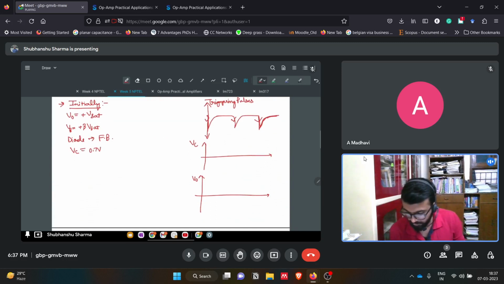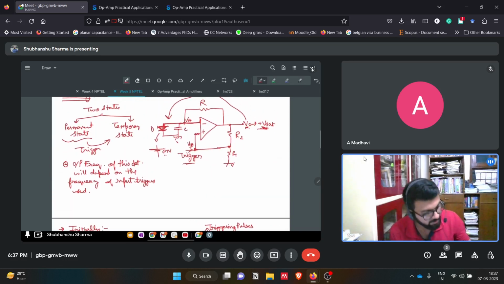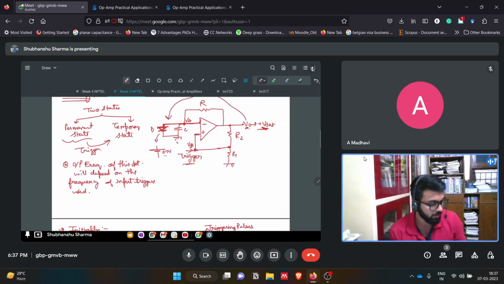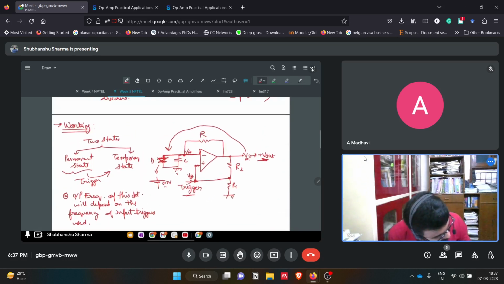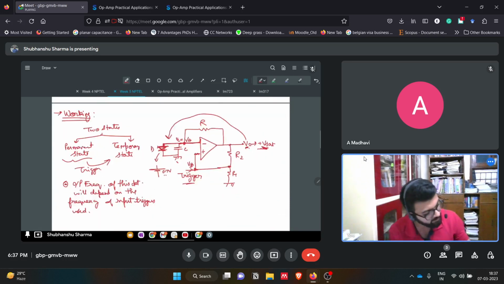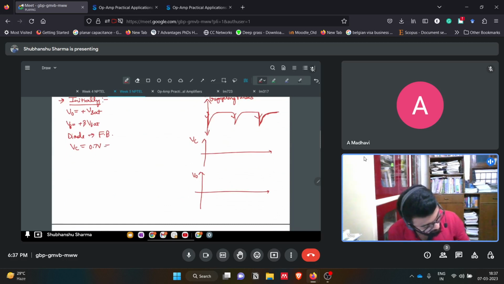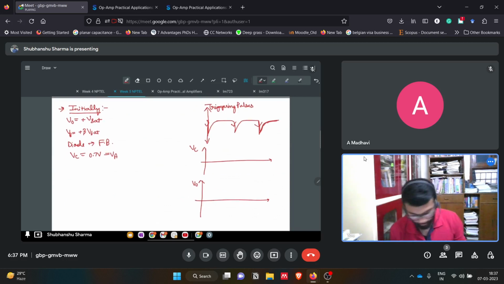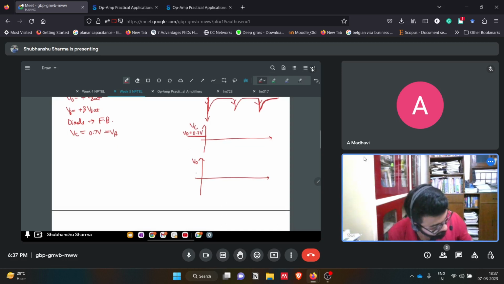And this capacitor voltage is the same as Va, that is the voltage at the inverting side of the op amp. So Va is equal to VC. Initially, when the trigger is not applied, the voltage across VC is VD, equal to 0.7 volts, and the output voltage is plus Vsat.